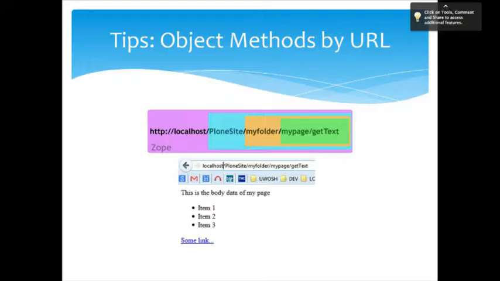So we have my page here /getText, which I am calling to get the editor portion of the page, and it comes out as fully structured HTML right here, the body of your page. So this is a very useful way of visualizing how my page is your context, and you're saying /getText. In an HTML template, you can say context/getText, and you would be getting this exact same thing. This is really good even for debugging purposes.